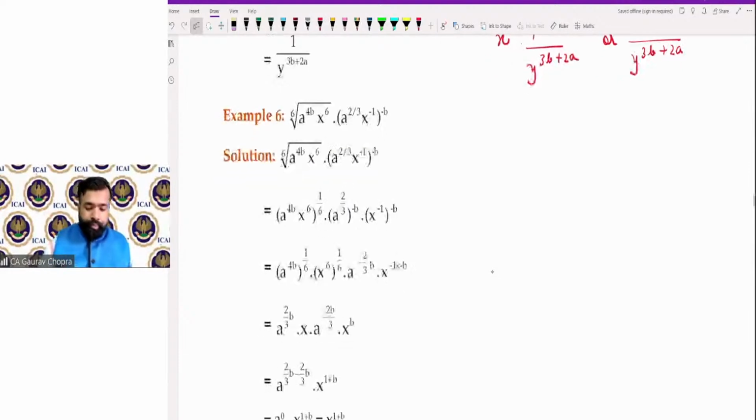Okay. So example number 6. Now in this case, you have to be very careful. There is one different point here. Root and then 6 is written. This is known as sixth root. Sixth root means power 1 by 6.